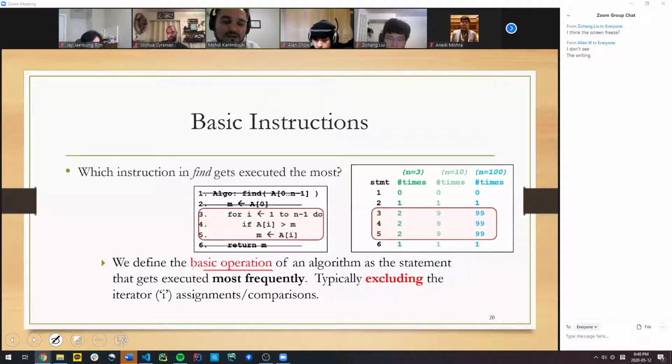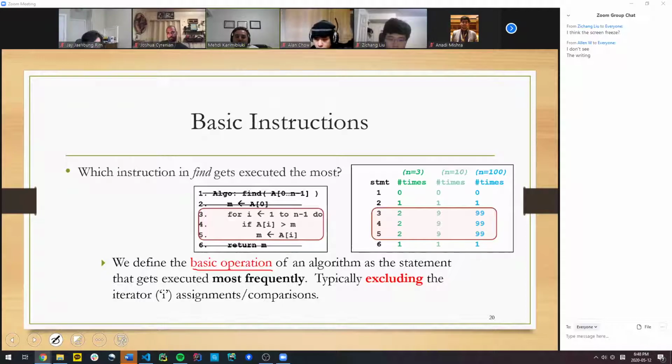So what I'm trying to say here is that we want to define a new term called basic operation, and we define it as the statement that gets executed most frequently. So if n is going to infinity, what's essential for us are lines 3, 4, and 5 here, because that's what really matters for the essence of this algorithm.